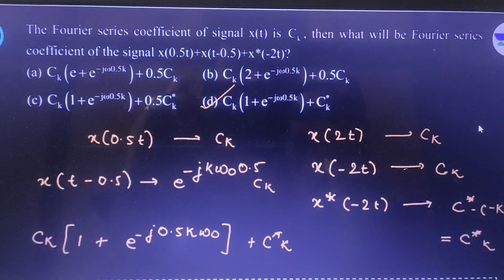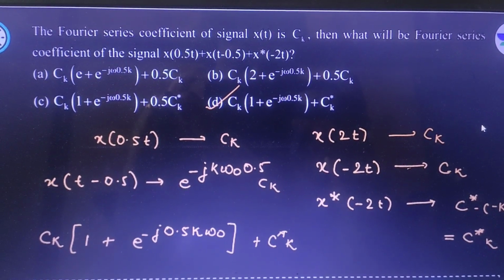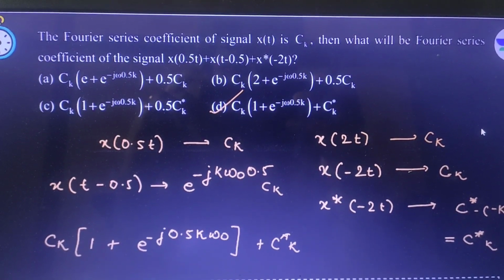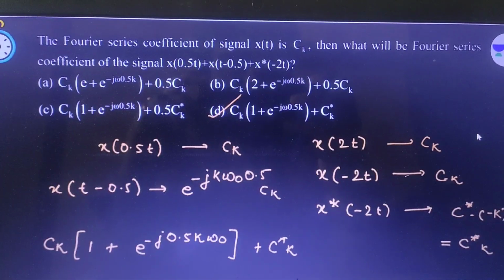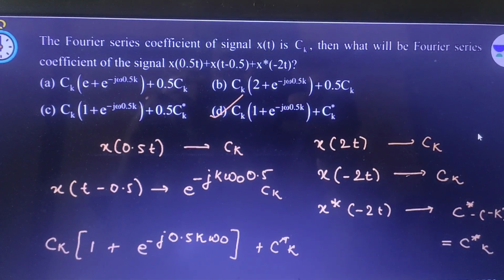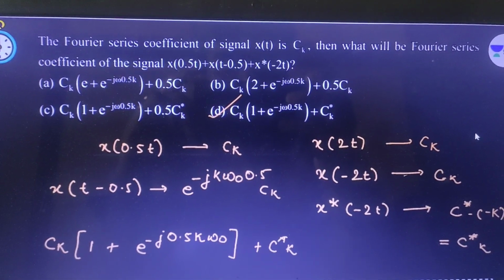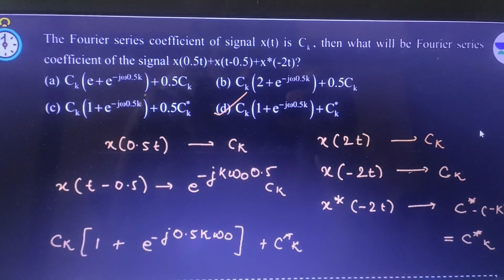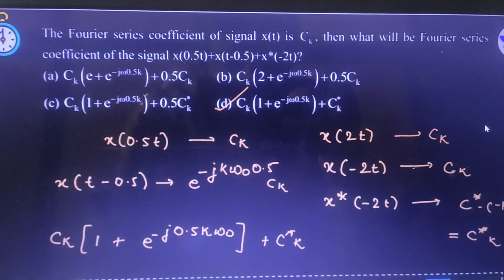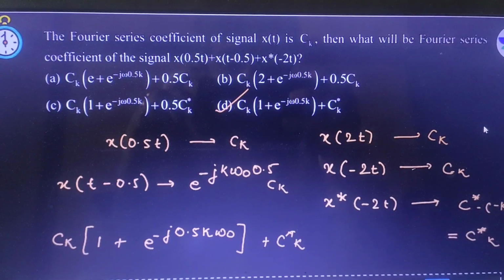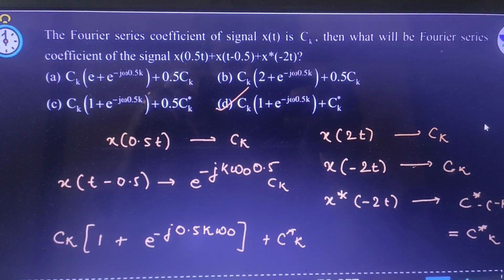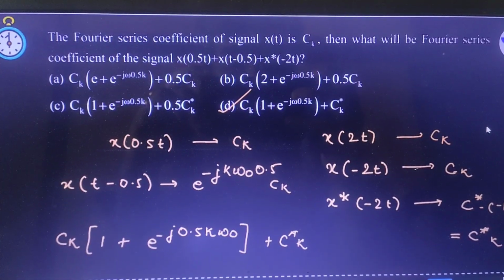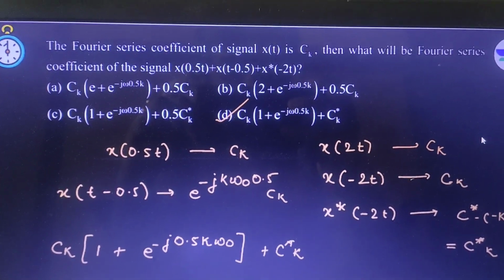Now x of 2t gives ck, x of minus 2t gives ck, and x conjugate of minus 2t gives c conjugate of minus k, which is c conjugate k. So by writing the overall equation you will get ck into (1 plus e power minus j 0.5 k omega naught) minus c conjugate k.